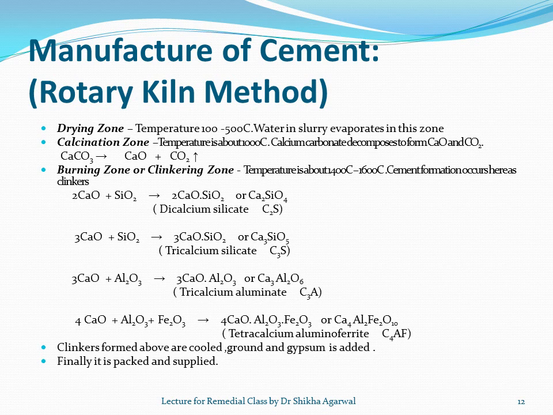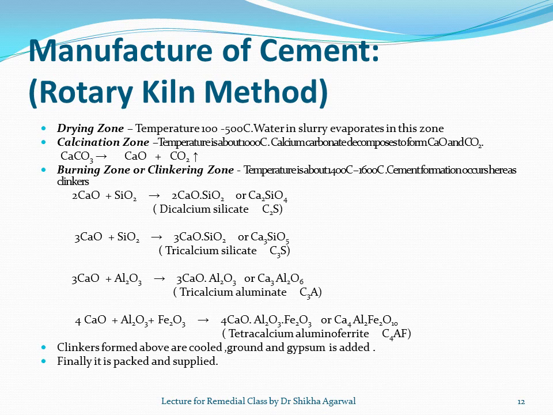Similarly, 3CaO combines with SiO2 to give 3CaO·SiO2. This is tricalcium silicate, or Ca3SiO5, which can also be written as C3S.